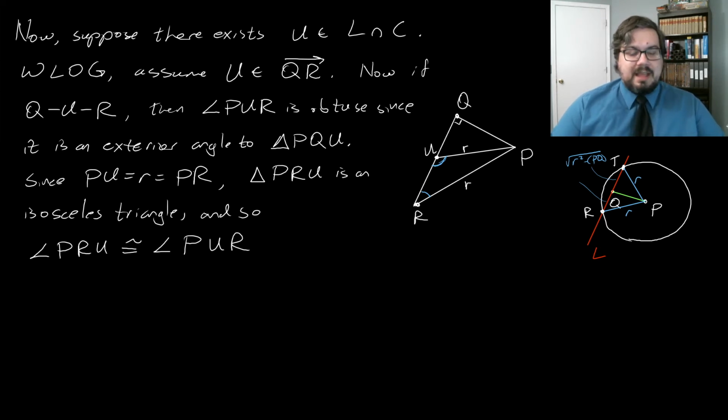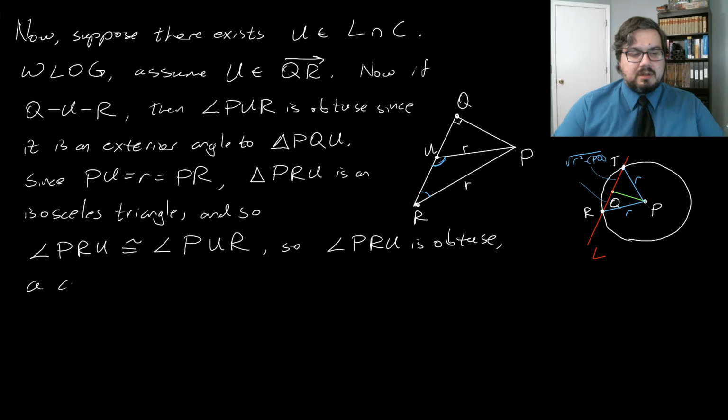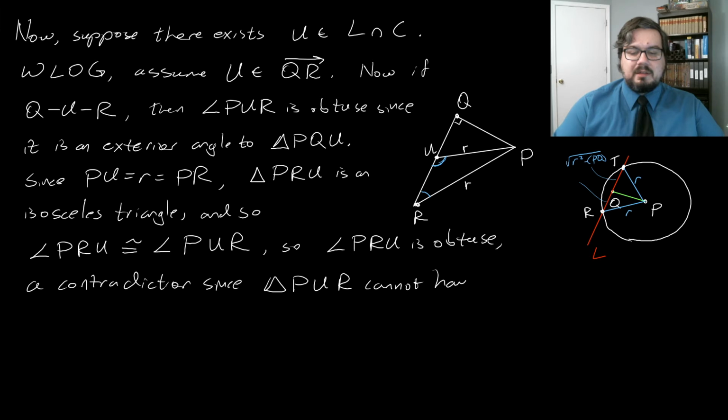So we have that angle PRU is congruent to angle PUR. So that means that angle PRU is obtuse, a contradiction, since triangle PUR cannot have two obtuse angles.